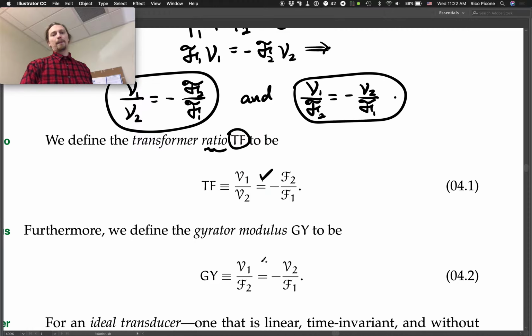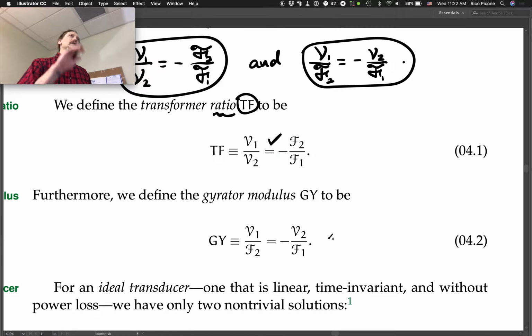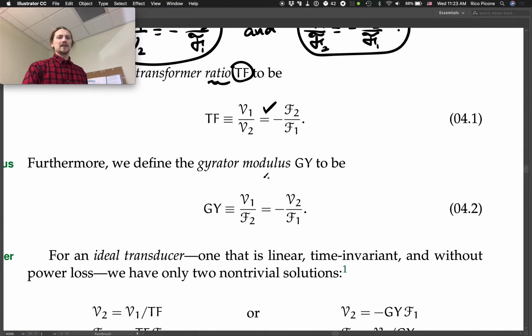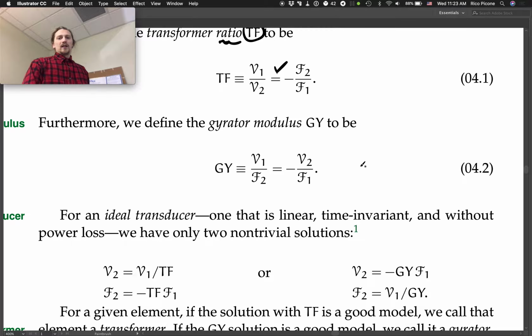That's why the terminology is a little weird: ratios tend to be dimensionless, but if the across variable on one side is voltage and the variable on the other side is velocity, then that's not going to be dimensionless when you divide them. So it's a little bit odd, but that is the terminology. As with many things, it's not super rigorous, but it works okay, so those are the conventions.